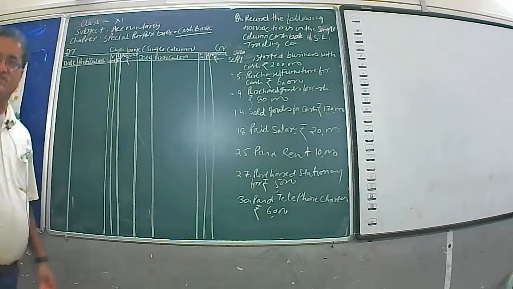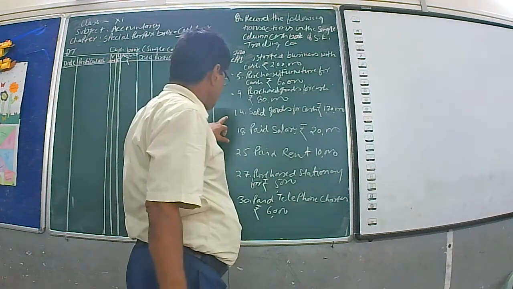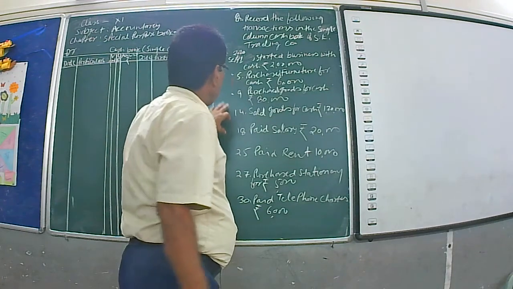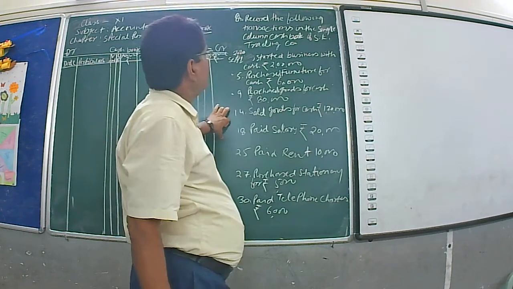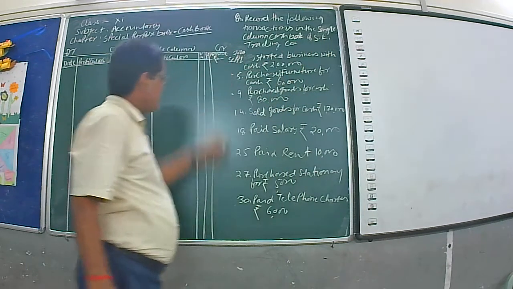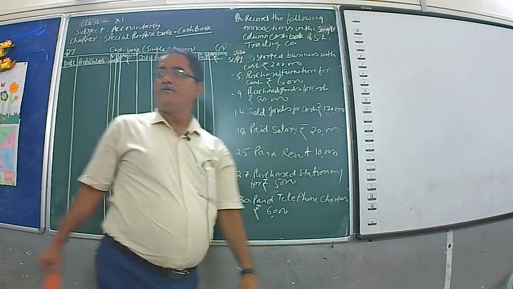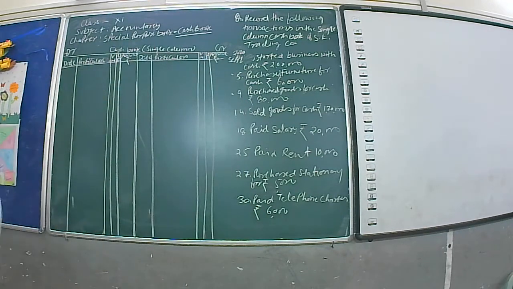These are the transactions I have noted before you. These are the transactions that occurred in SK Trading Company in the month of September 2020. Here we will write the transactions in this book.